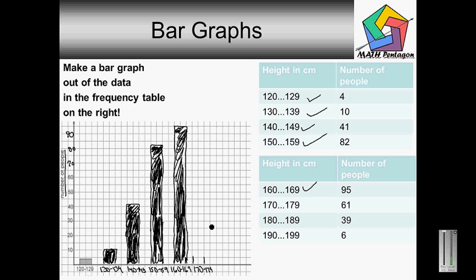Number of people is 61 that are in height in centimeters from 170 to 179. So I gotta hit 61. So I go all the way up to 61, which is about right about here. And I fill in my bar.